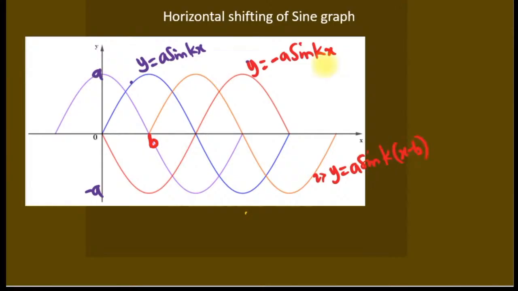Yes. But if I shift it to the left, b units, that's here is now minus b. This graph will be y equal to a sine k bracket x plus b.